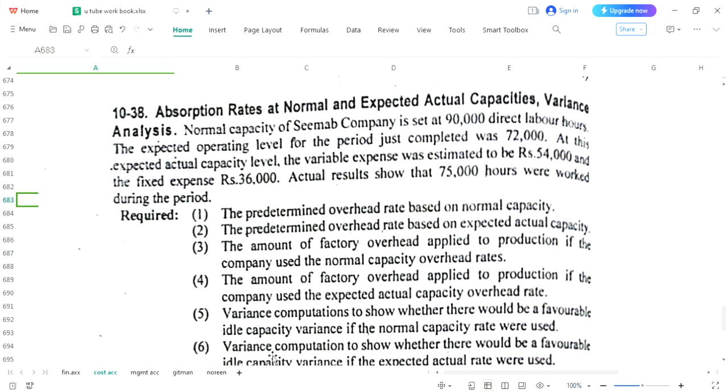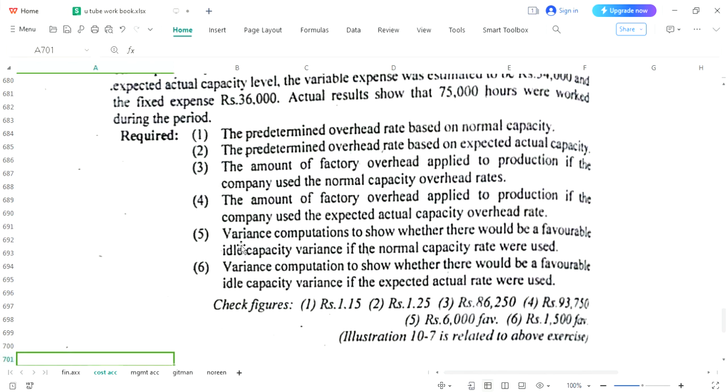In the fifth and sixth requirements we need to calculate variance, and that is ideal capacity, if normal rates are used and if expected rates are used. In the third and fourth, they haven't used the word actual. If the company used normal capacity, if the company used expected. And in the fifth and sixth, it is very clear they want to calculate volume variance if normal capacity, volume variance if expected capacity is used.